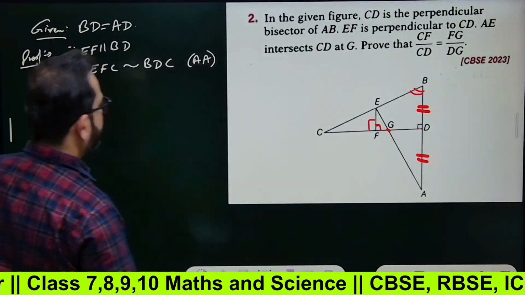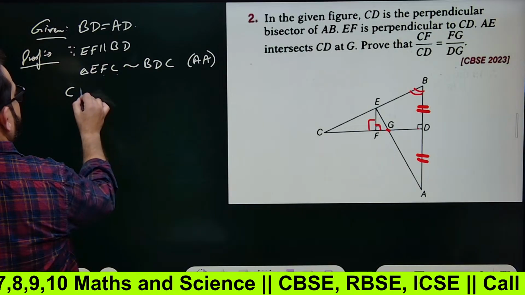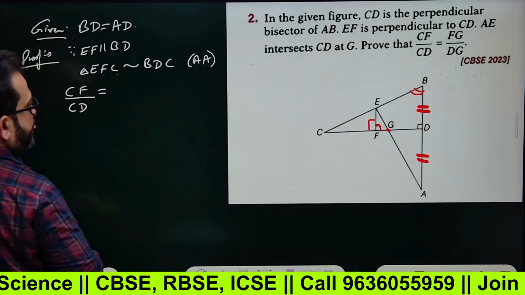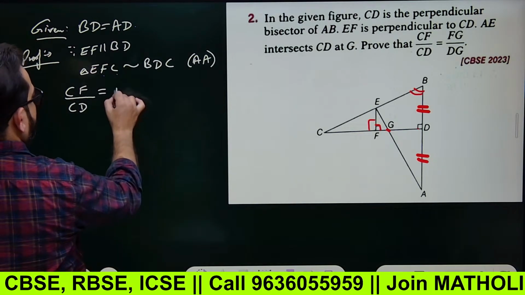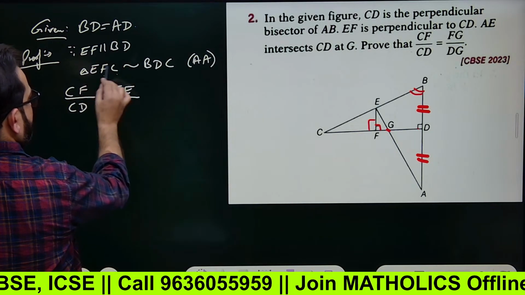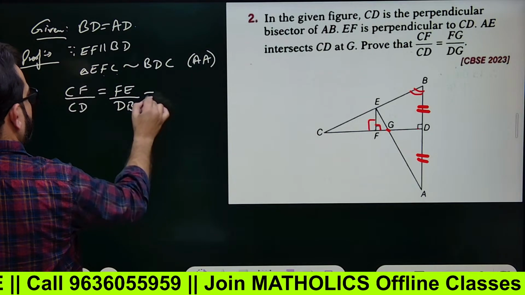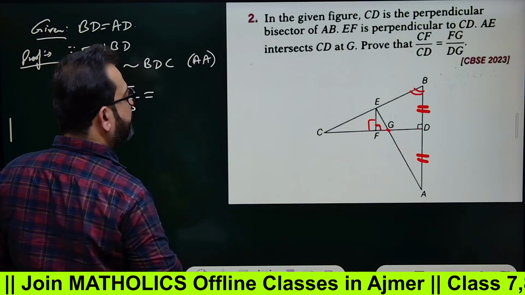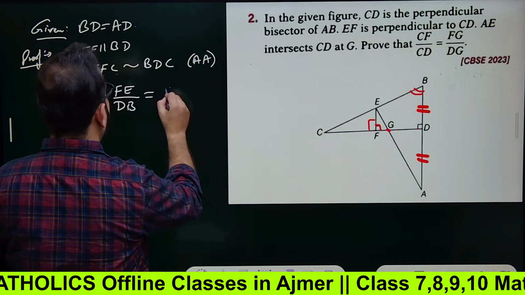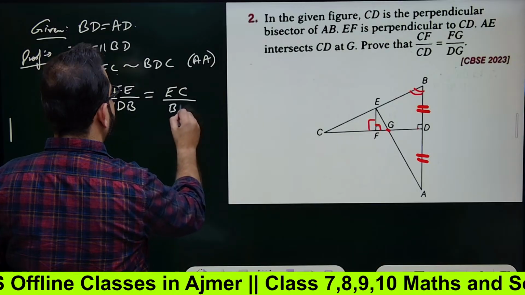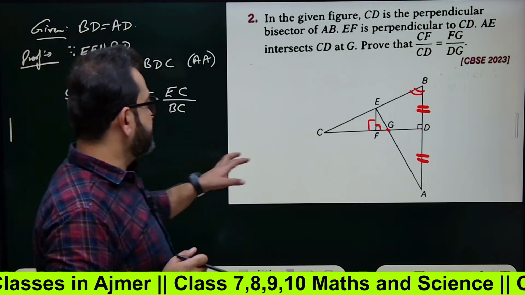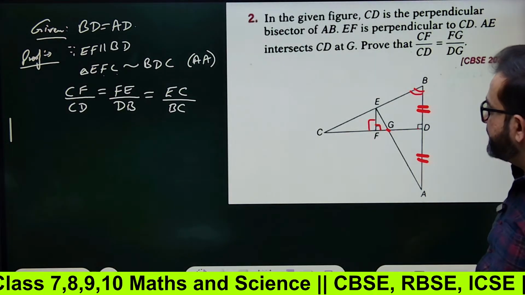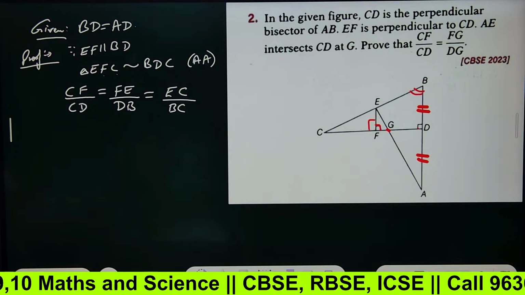So we can write CF upon CD equals to FE upon DB, and that's equals to EC upon BC. So CF upon CD is actually equals to FE upon BD. Okay, this part is done now.